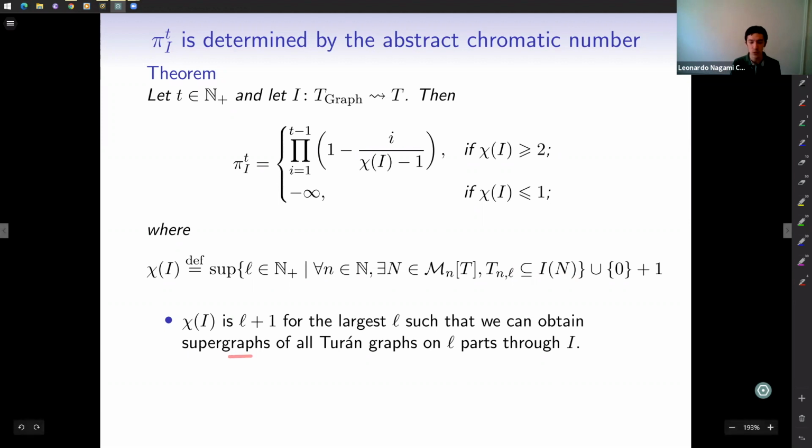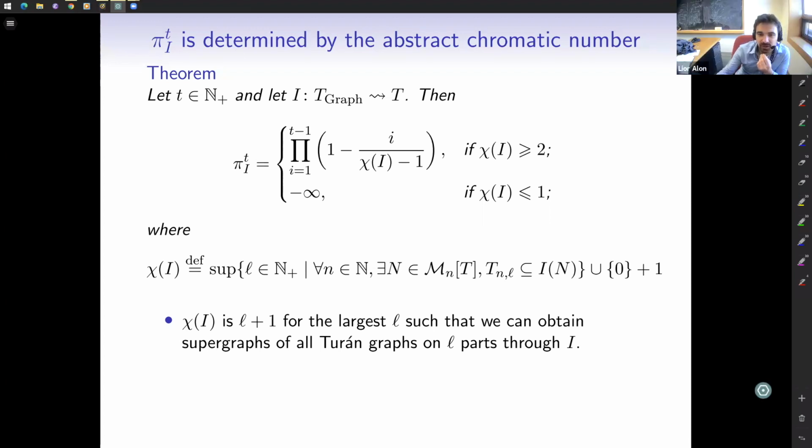So that's why I said supergraphs as well. Is that clear? Can you give an example? You take an ordered graph from your theory T, you erase the orders and see whether it contains a Turan graph with appropriate L. Yes. That is kind of the idea.